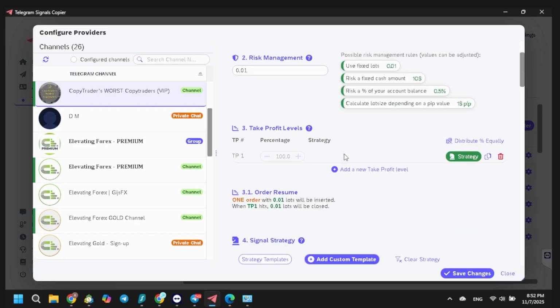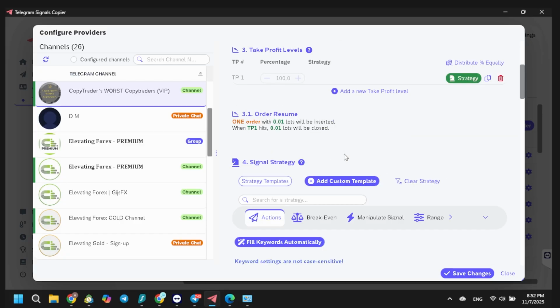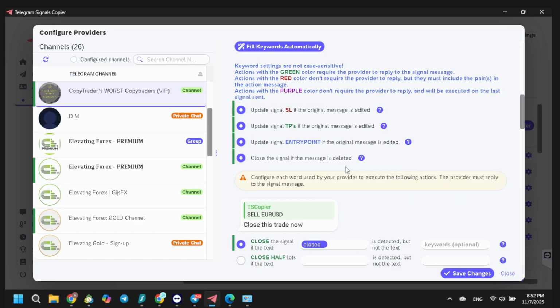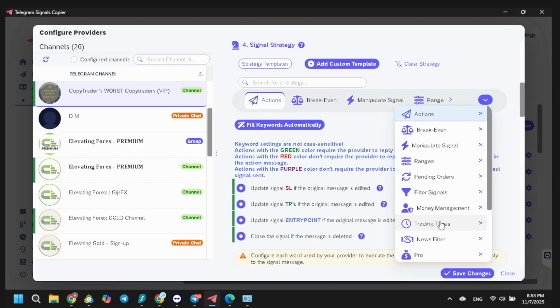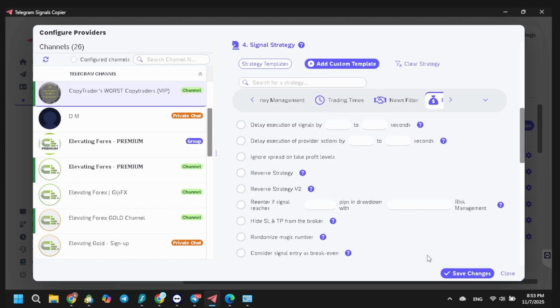Here are all the settings for the channel to do the automations. Now if we click right here and go to the Pro tab, we will see the reverse strategy functions. There are 2 ways to reverse it.